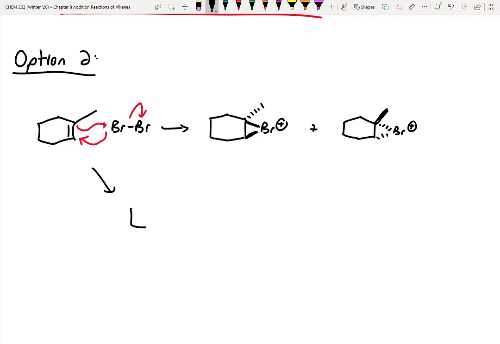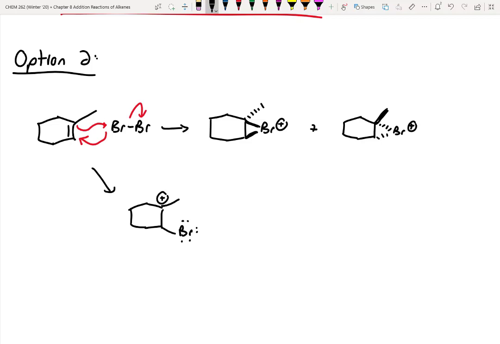Let's consider the reaction that we had shown previously. Over here, we proposed originally that there was a carbocation right there. Bromine is a pretty big atom, and it's got these lone pairs over there.